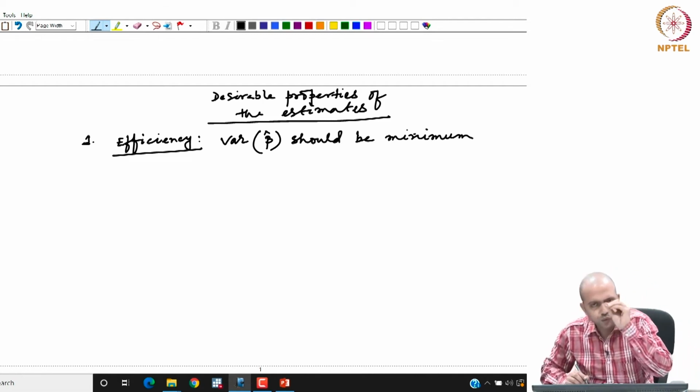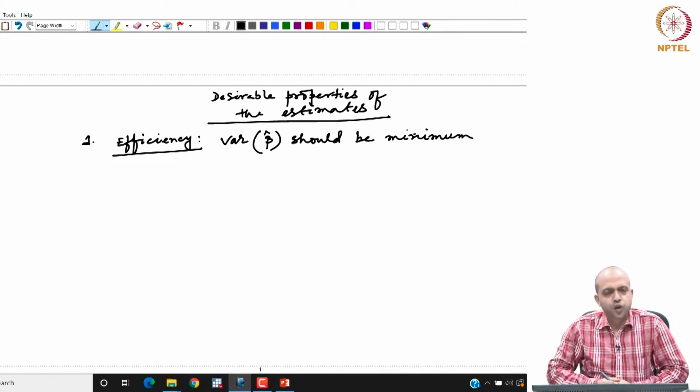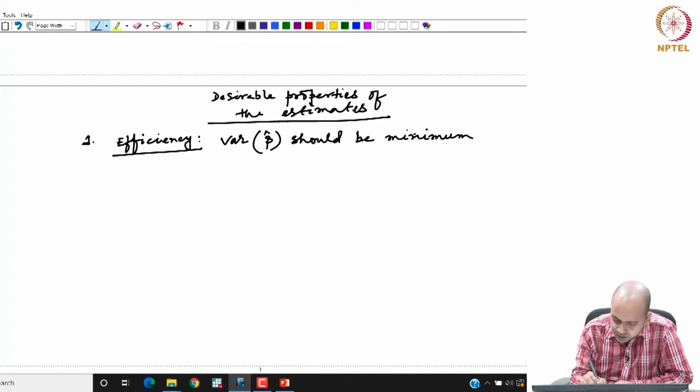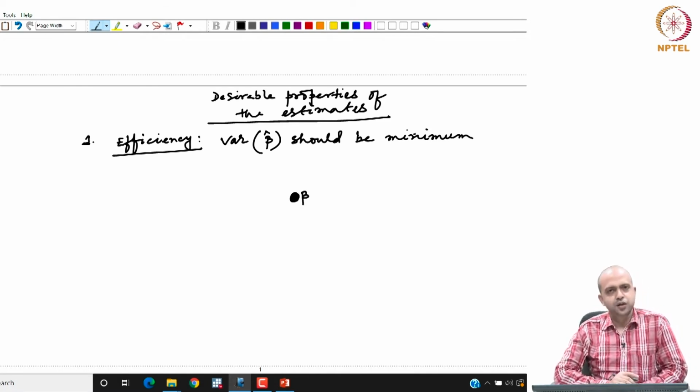Now, I will give you one example that will make your understanding of efficiency very clear. Let us say this is your true population parameter, which is beta, and I am giving an example. Sometimes we play a game.